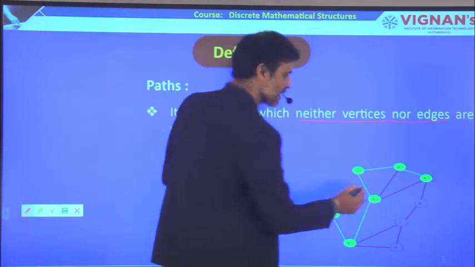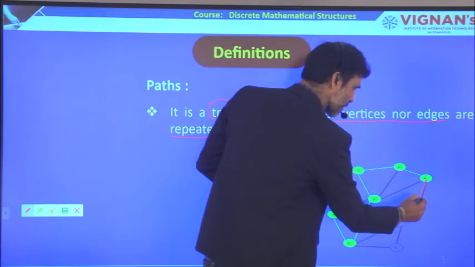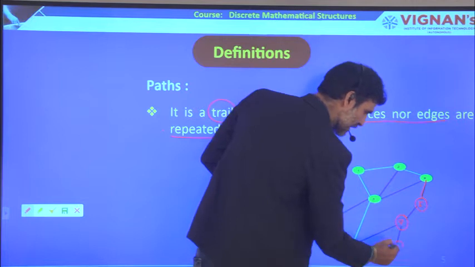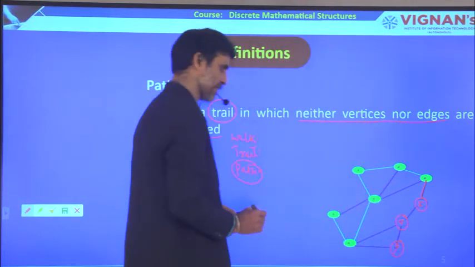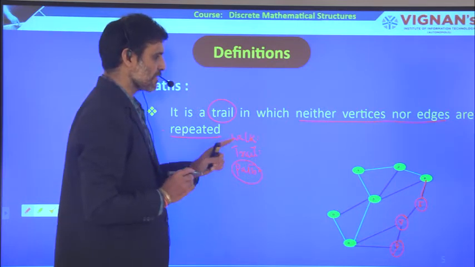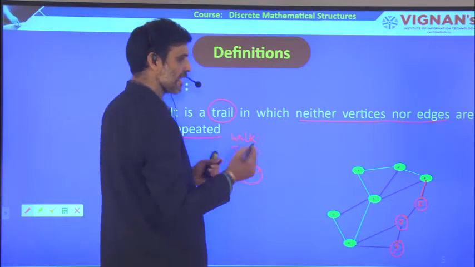Now coming to this particular graph, whatever I have taken here, it consists of 9 vertices. If you want to know the path of this graph, a walk can be taken as anything.